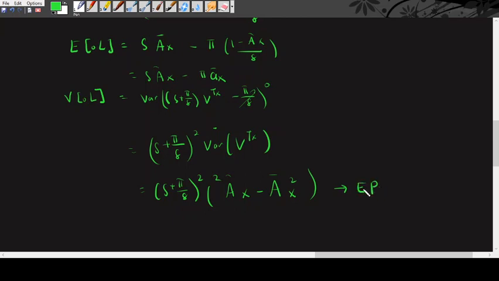If it is not under the equivalence principle, usually there will be covariance involved, especially for the discrete case.